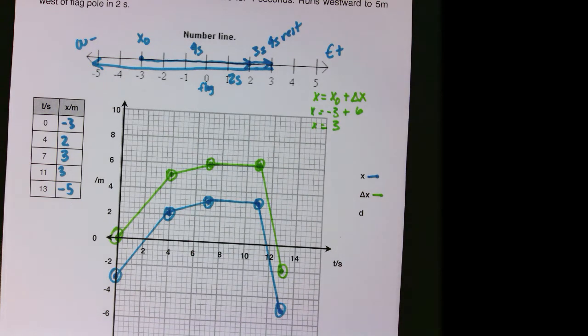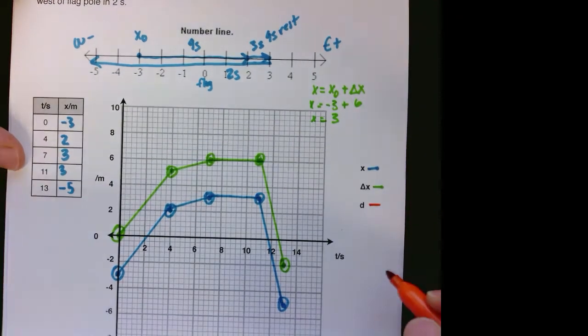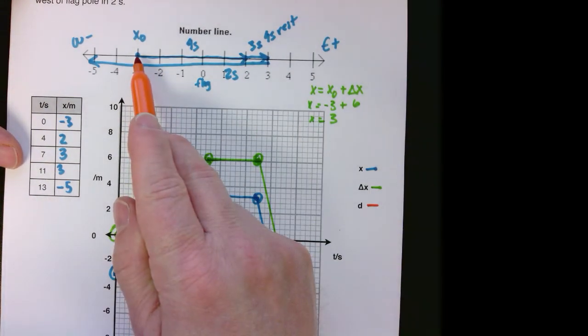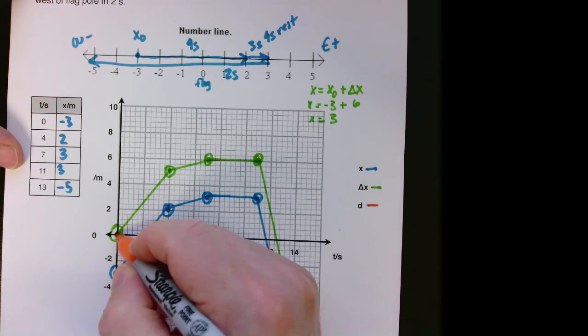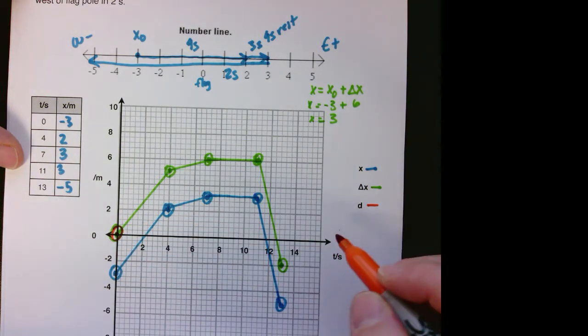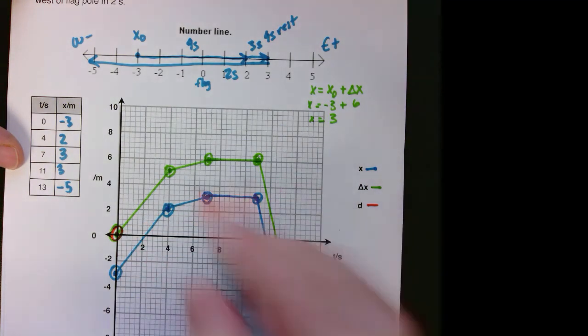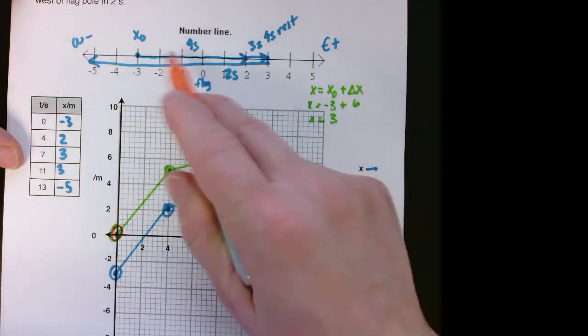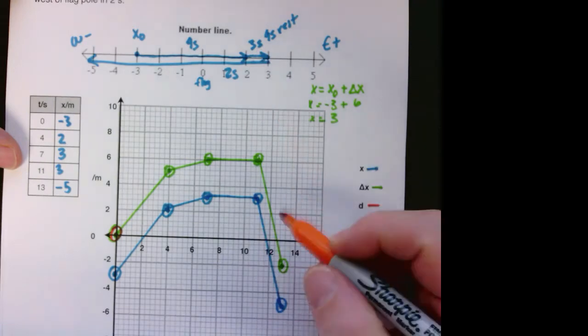Now what about the distance? If we consider our traveler, we'll look at our distance in orange. Our person starts here. At time 0, they also have traveled 0 distance. And after 4 seconds, they have traveled 1, 2, 3, 4, 5.